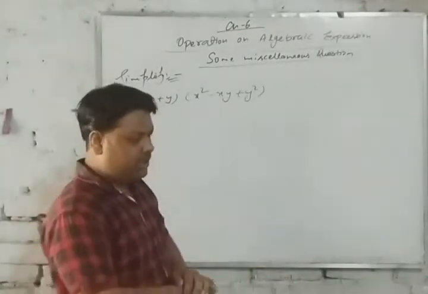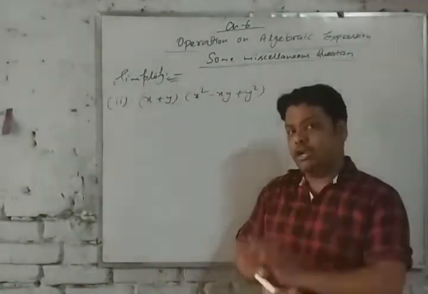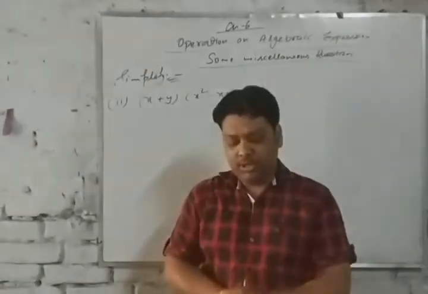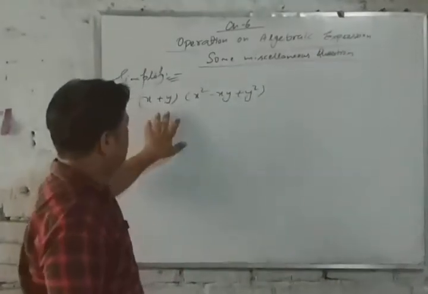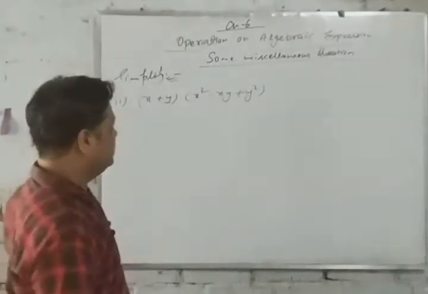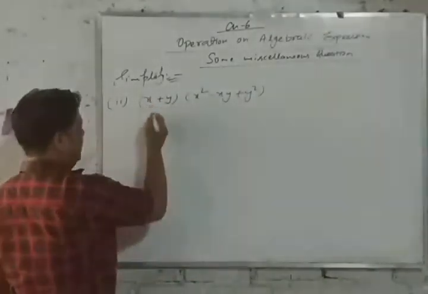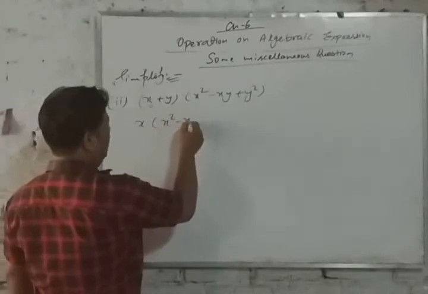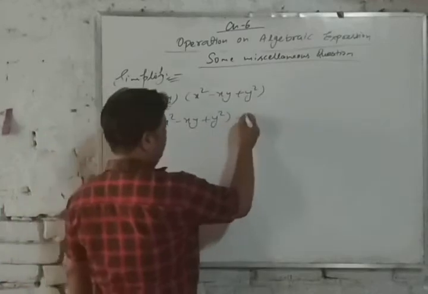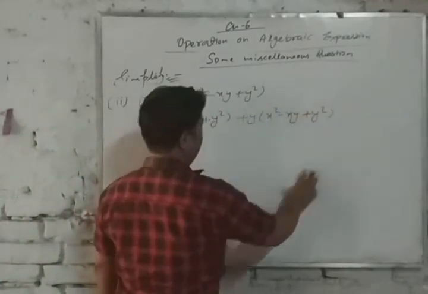But in the next class, that is class 9, you will know some more identities also. And now if you solve this, you will get one more identity. At first we will multiply using distributive law. At first x, then x square minus xy plus y square. Now with the second term plus y, then x square minus xy plus y square.